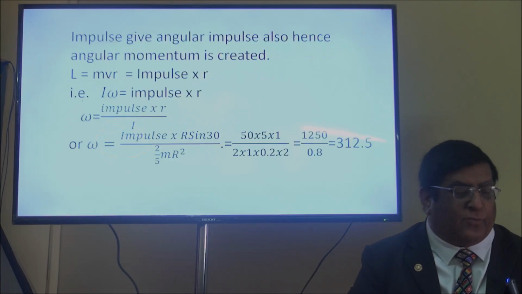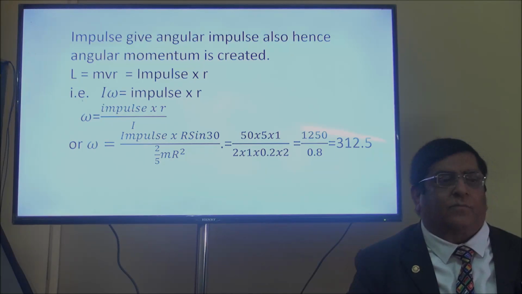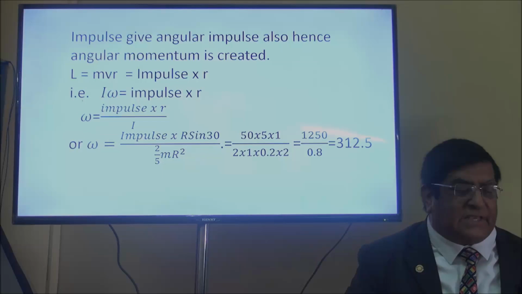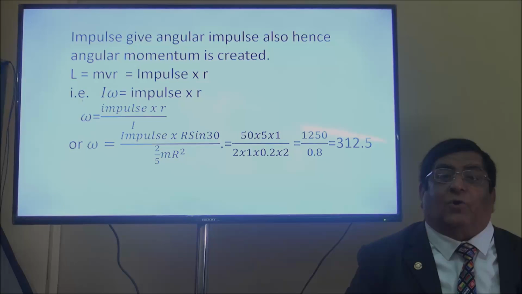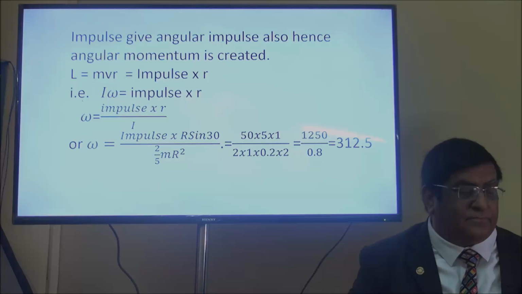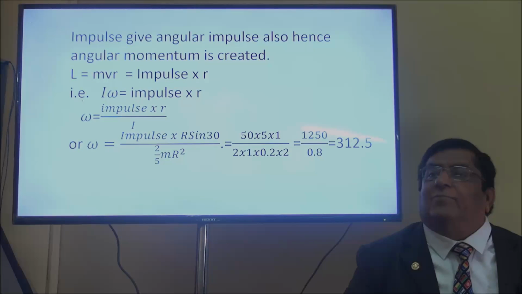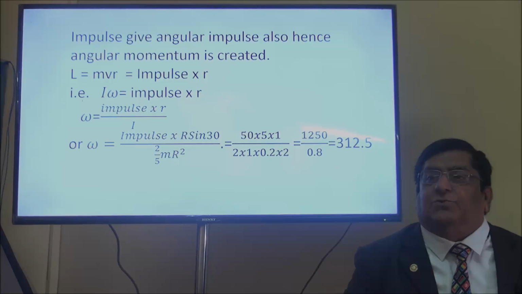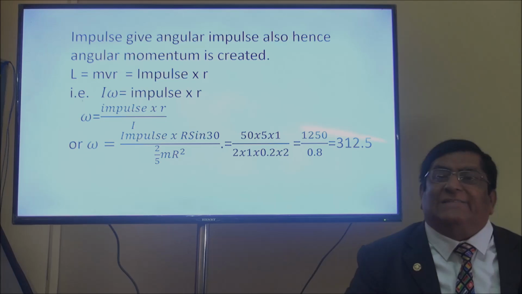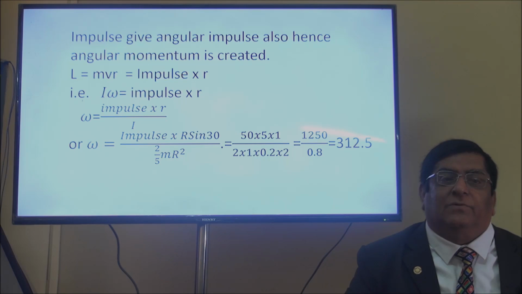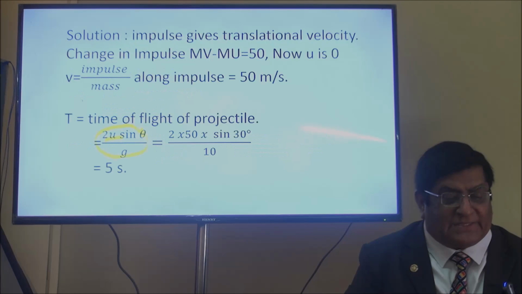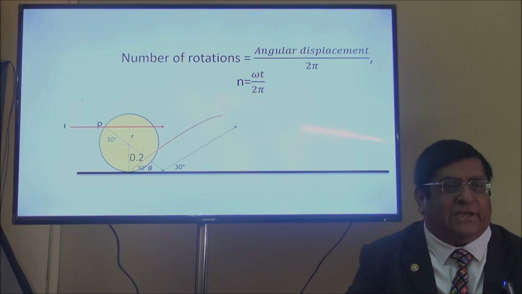Now we have to find omega. Impulse gives angular impulse also. How? What is angular momentum? L equals mvr. What is mv equal to? Impulse. So impulse into r. Where is impulse into r? Here.